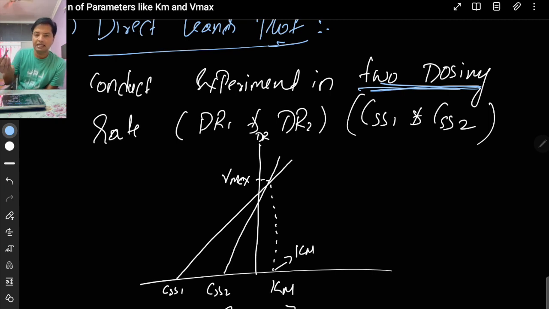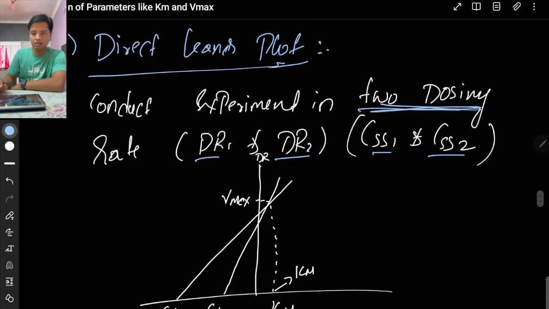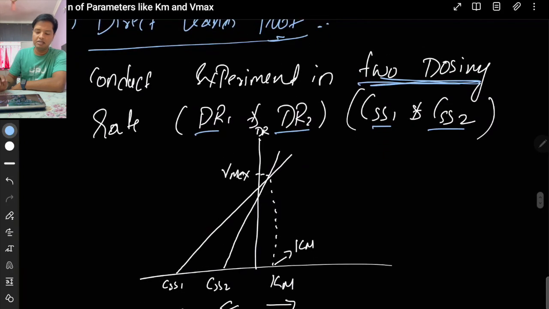If you start the experiment with two different doses, we get two different dosing rates and two different steady state concentrations. If I plot the graph for the same, I will get this graph. This is the direct linear plot graph.